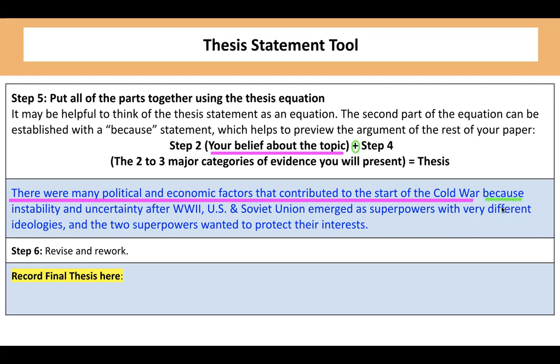This is going to be what links and binds our evidence to our answer. And then I have my evidence, which are the 3 categories from step 4. Because instability and uncertainty after World War II, US and Soviet Union emerged as superpowers with very different ideologies, and the 2 superpowers wanted to protect their interests. So we've put everything together here.